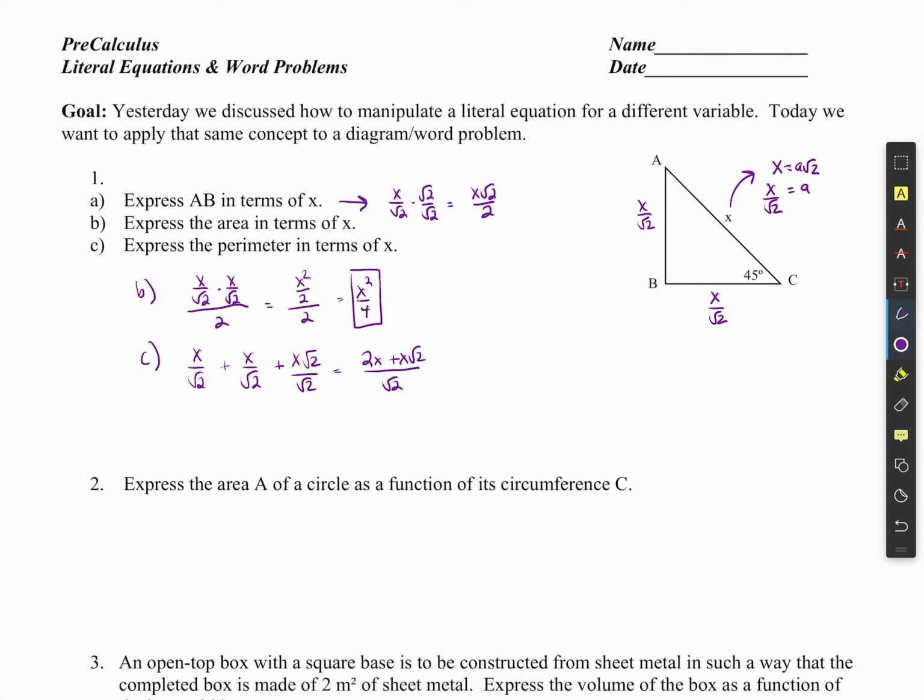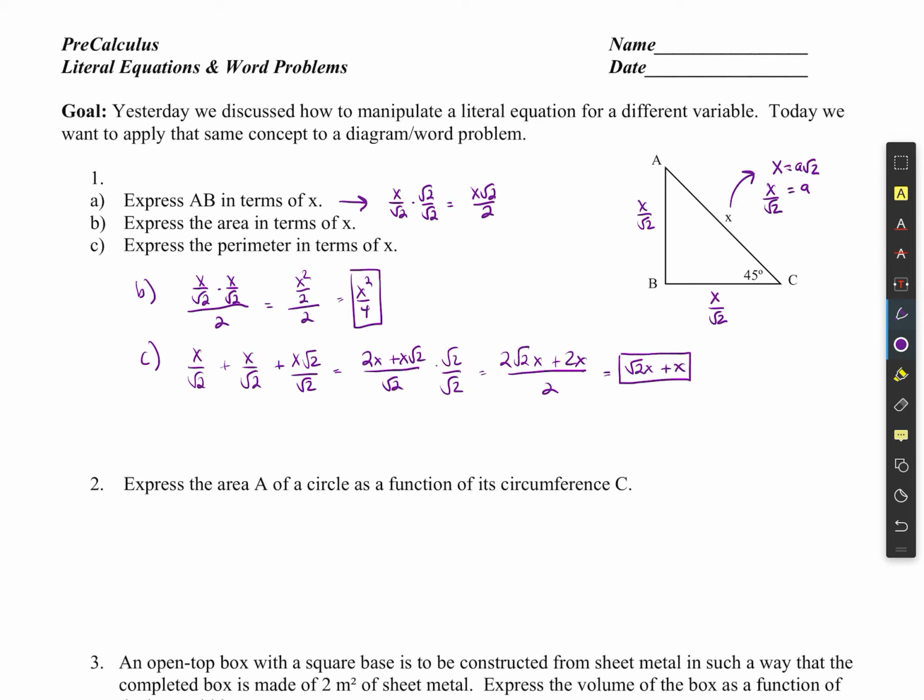Well, let's just rationalize the whole thing. Not acceptable. So we get 2 rad 2x plus 2x over 2, which gives us rad 2x plus x. And that is our perimeter.